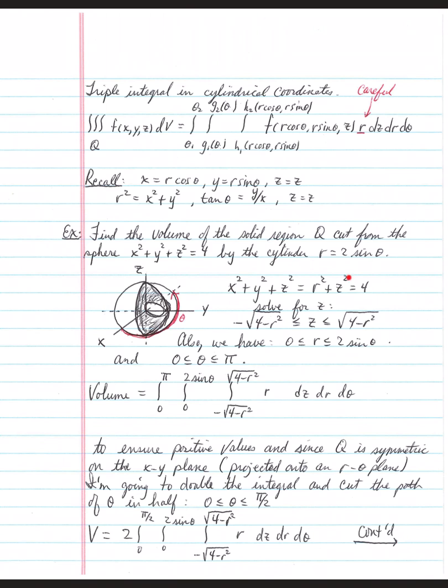Take the square root, and that will be the positive and negative square root of 4 minus r squared. And as a reminder, r is from 0 to 2 sine theta, and theta is from 0 to pi due to being swept out. This is that little r that I was careful to point out up here. It's very easy to forget that.